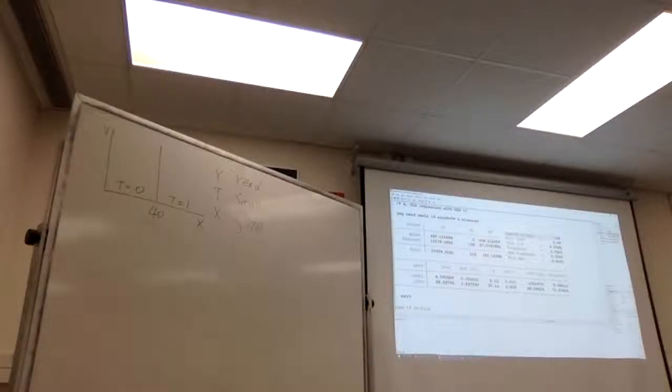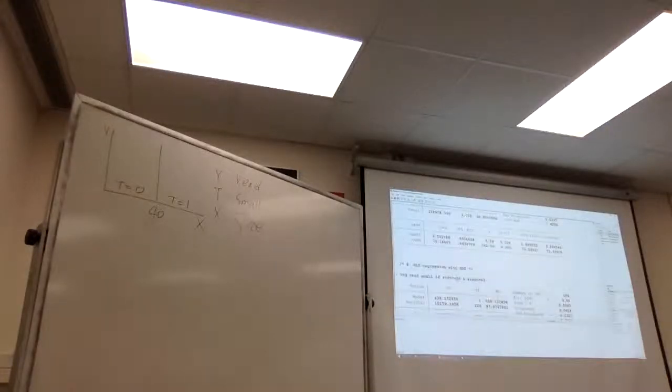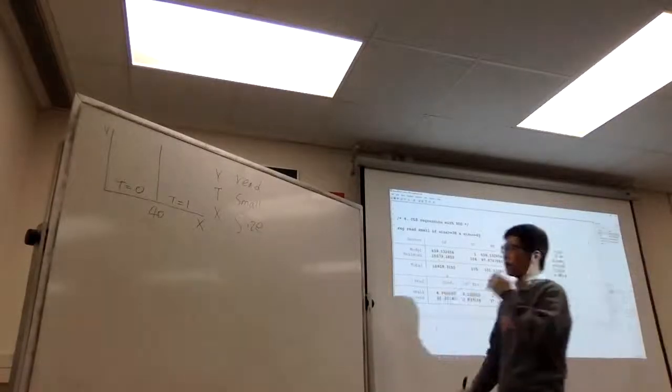The number of observations decreased a lot, right? It used to be 2,000 something, but it's now 100 something. And the coefficient used to be 2.59, but it's now 4.56.